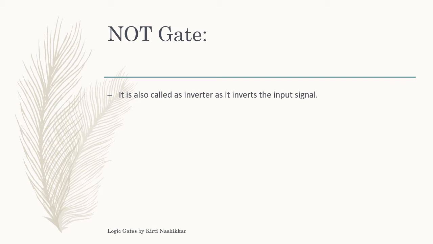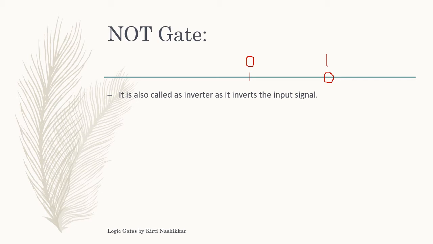As we know, in a binary or digital system we are dealing with binary numbers only, in terms of 0 and 1. Whenever we say it inverts the input signal, that means if you give 0 as an input to this gate, then you will get 1 at the output, and if 1 is given at the input, then 0 will be taken at the output.